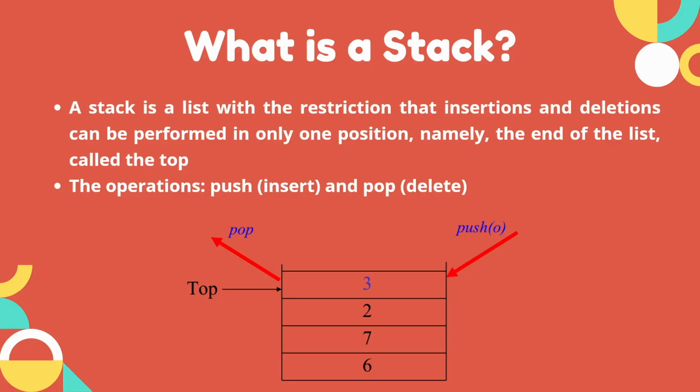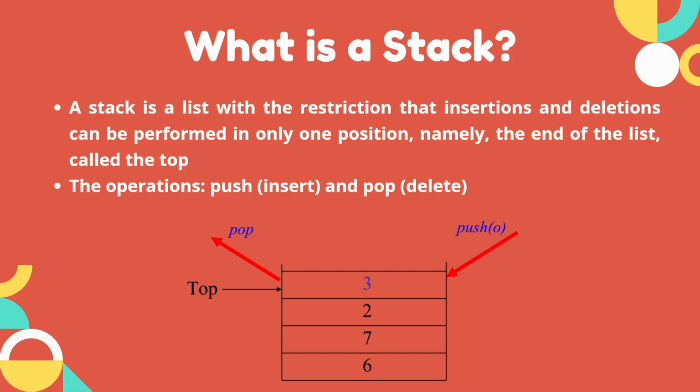We use the terms insertion and deletion for linked lists, but in a stack we call them push and pop, where push refers to insertion and pop refers to deletion operations.